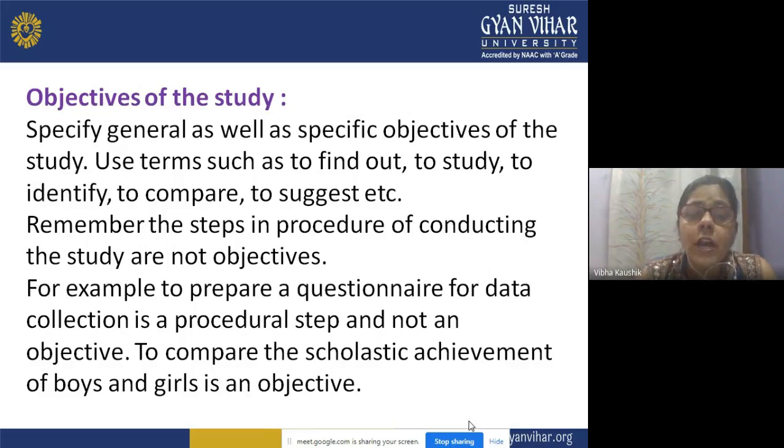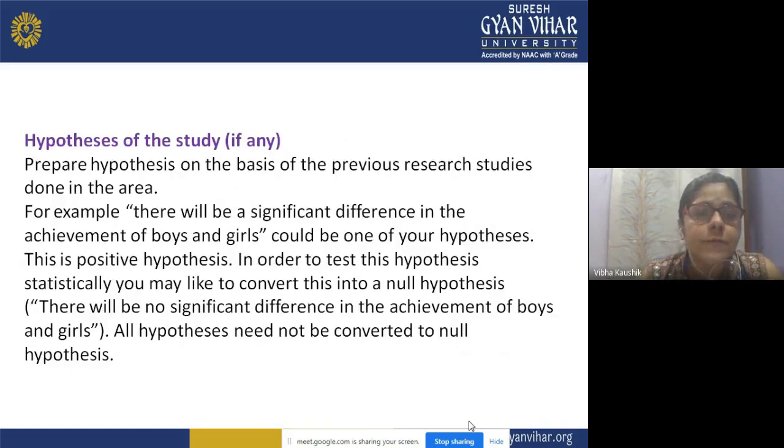Preparation of a questionnaire is a step from which you will collect the data, but it is not an objective that my objective of the research is to prepare a questionnaire. No, a questionnaire is just a tool of collecting the data. To compare the scholastic achievement of boys and girls is an objective. Now, this can be an objective, that I want to make a comparison of how the achievement of boys and girls differ from each other.